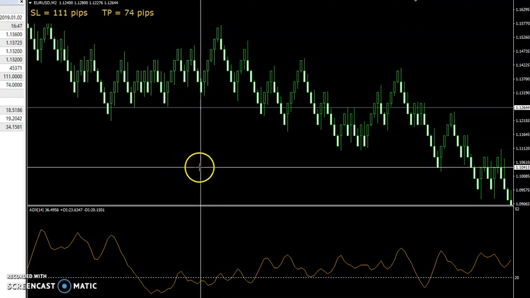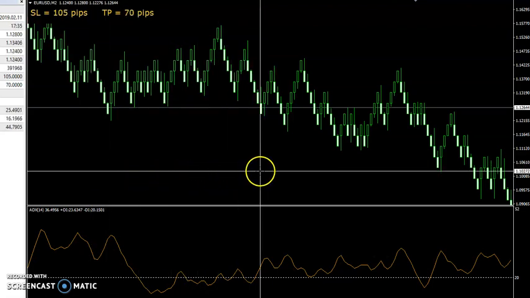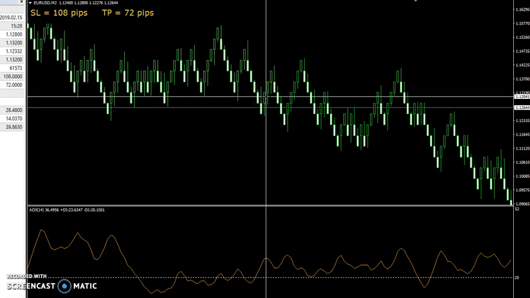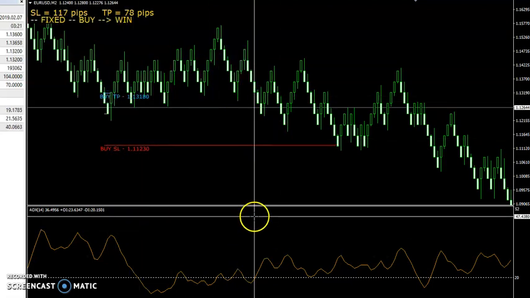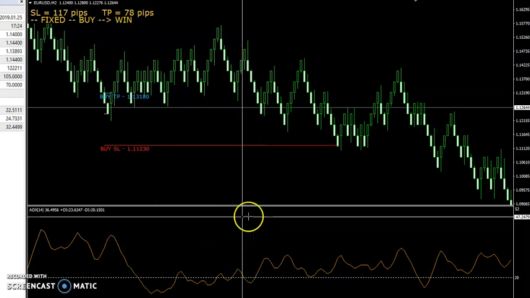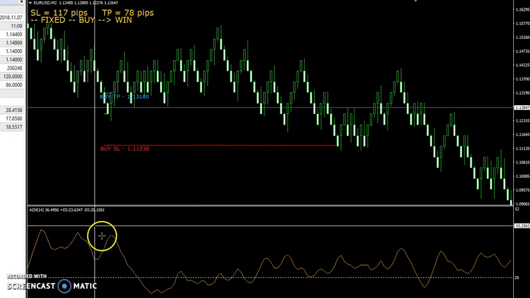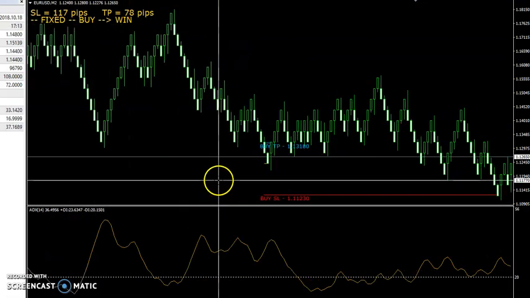My C1 gave me at least 3-4 losses, and just because of this one little thing, I did not have to be in those losing trades, because my ADX was telling me not to. The ADX was below 20, so that is a no trade signal.